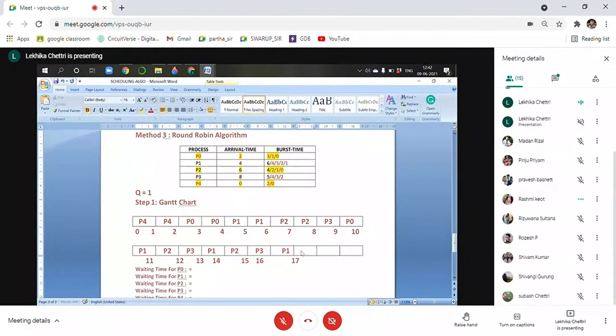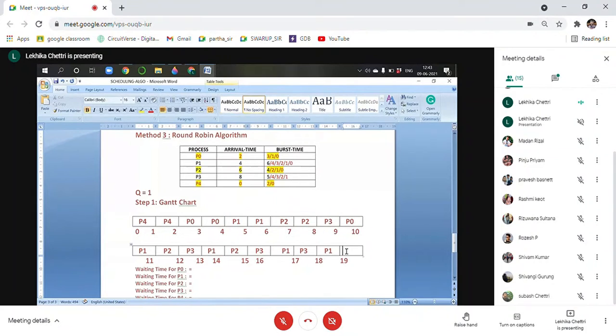Then we update 18. After P3, P1. Very good. P1, let me update this one. It will be 19, so P1 is 0.